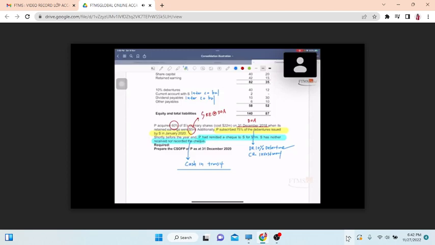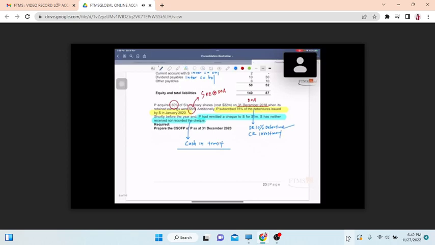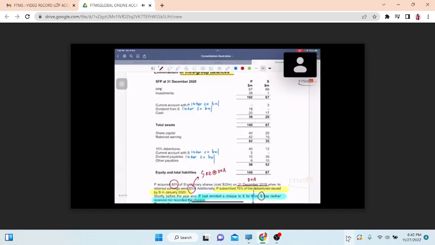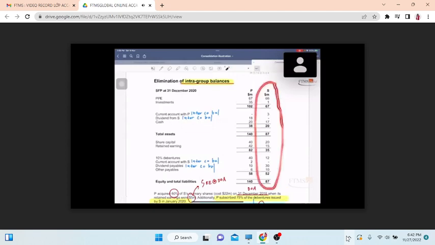So you will need to debit cash and credit. From S's point of view, remember, it's S that never did it. So I need to look at my S account, this chunk here. I need to credit a receivable. The receivable must fall under this category. You can see current account with P, so this is an asset. So cash in transit: debit cash, and credit receivable.